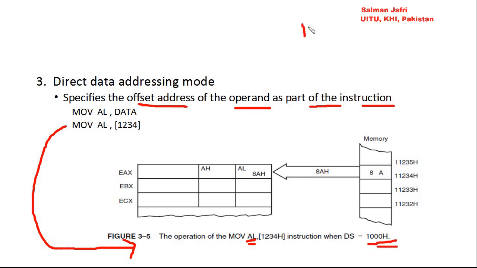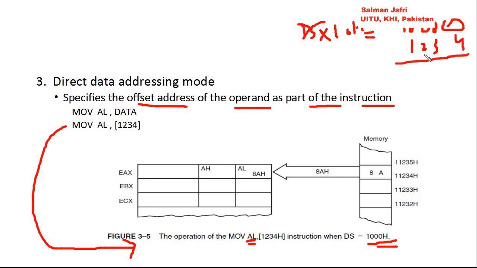So we first multiply DS by 10H, which comes out to be 10,000. Then we add the offset, which is 1234.